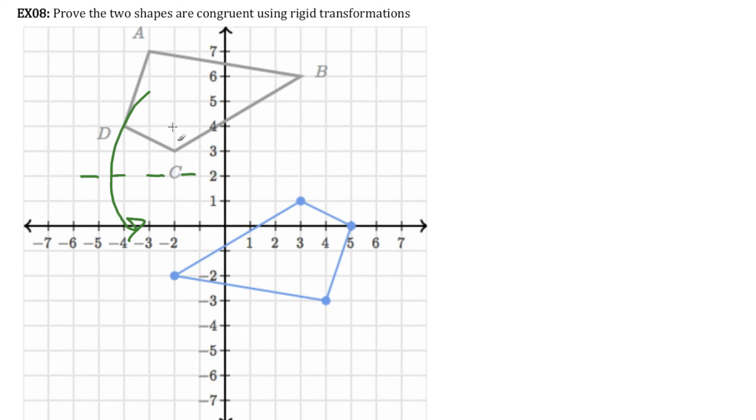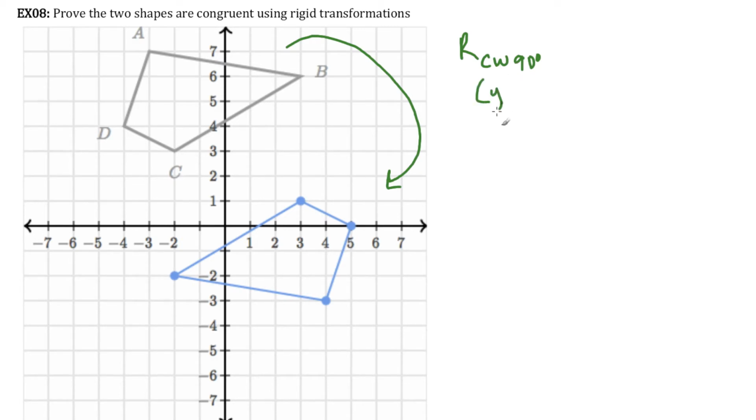So I am going to instead try to rotate this shape 90 degrees and see what happens. So we're going to rotate clockwise 90 degrees. So the rule for that is (x, y) goes to (y, negative x).